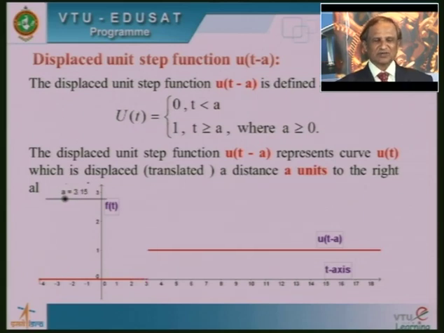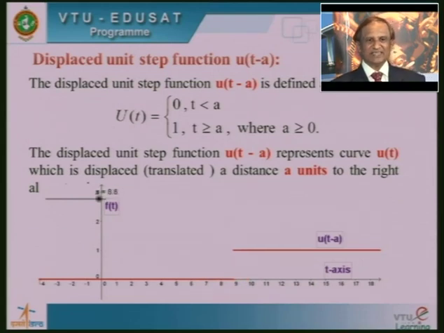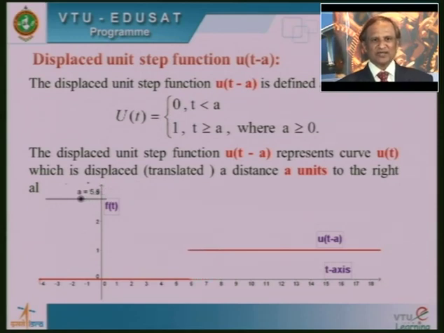In exactly the similar way you can define a displaced unit step function. How are we going to denote the displaced unit step function? u of t minus a. The displaced unit step function u of t minus a is defined as 0 when t is less than a, where a is some constant, or 1 when t is greater than or equal to a, where a is greater than or equal to 0.